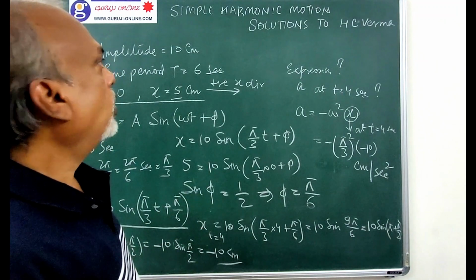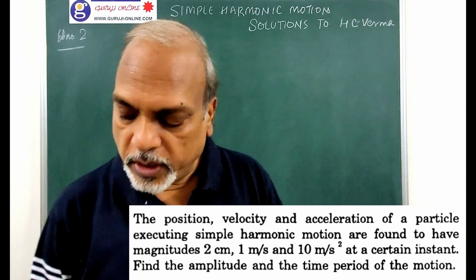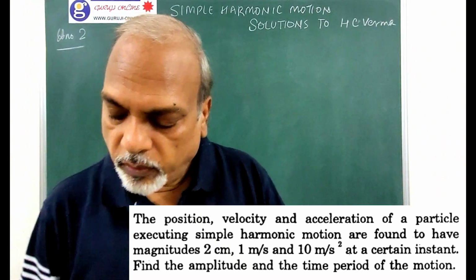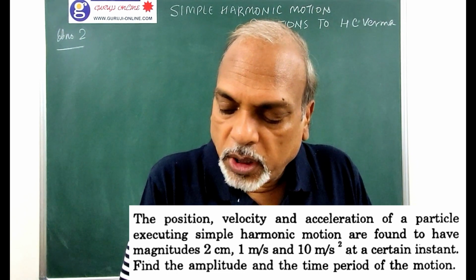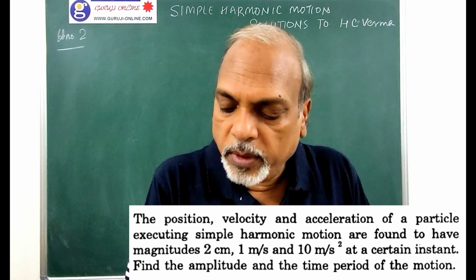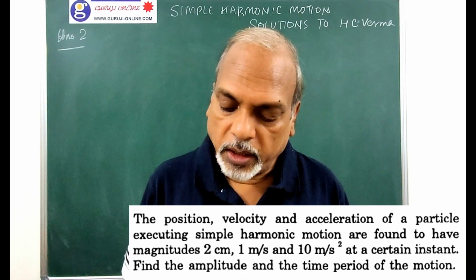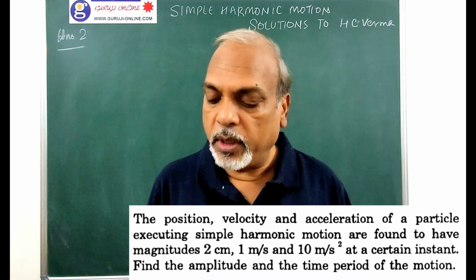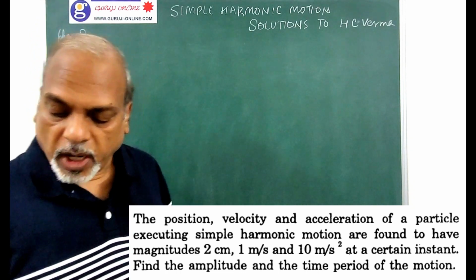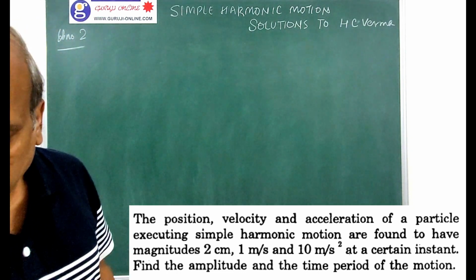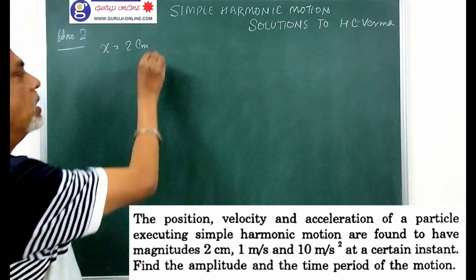Now we will go to question number 2. Question number 2 says that the position, velocity and acceleration of a particle executing simple harmonic motion are found to have magnitude 2 centimeter, 1 meter per second and 10 meter per second square at a certain distance. Find the amplitude and time period of the motion. So what is given here is, we have position, that is x is equal to 2 centimeter.